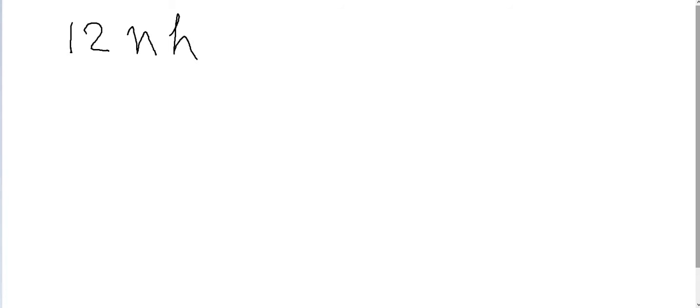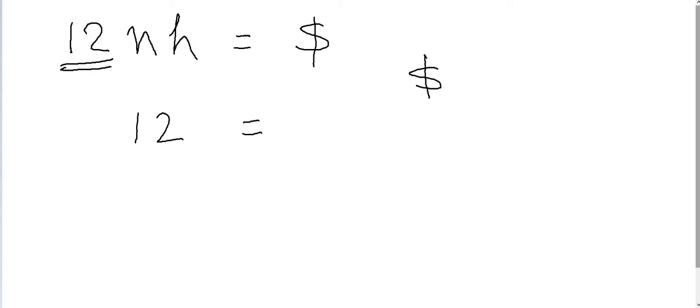The unit for 12 times N times H is dollars, right? That's what we are talking about. And we need to find out the unit for 12. So the units for 12 would be dollars divided by N times H.